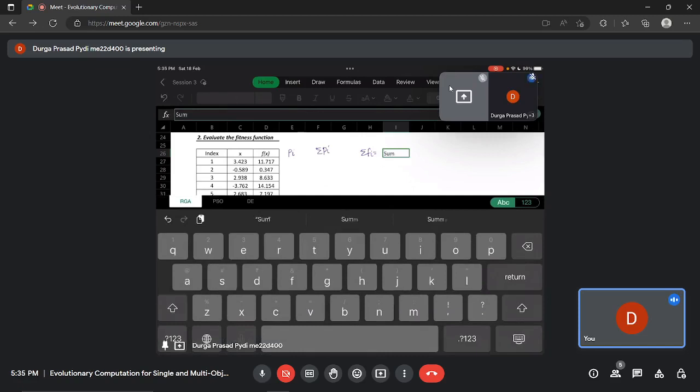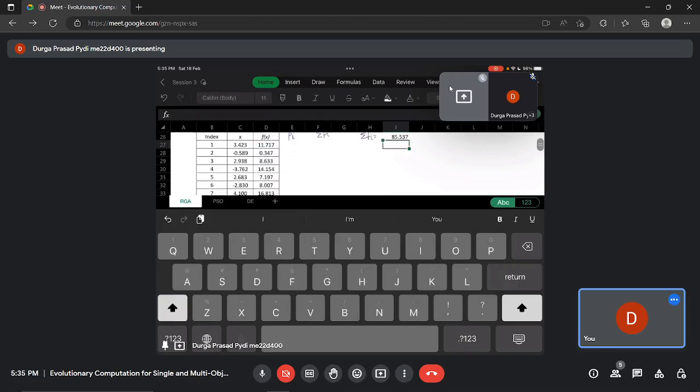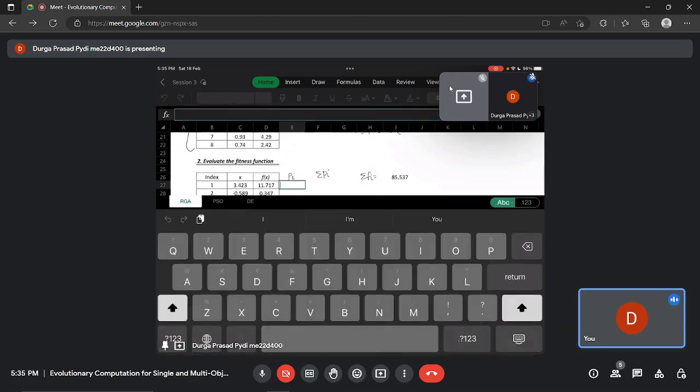You just have to take the sum of all these function values, and then you calculate the probability of each one, which is essentially the weight value of that.